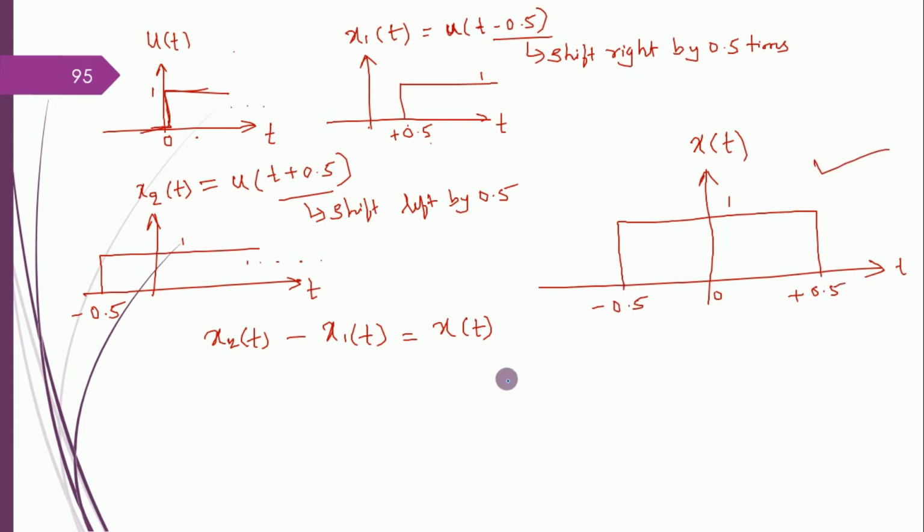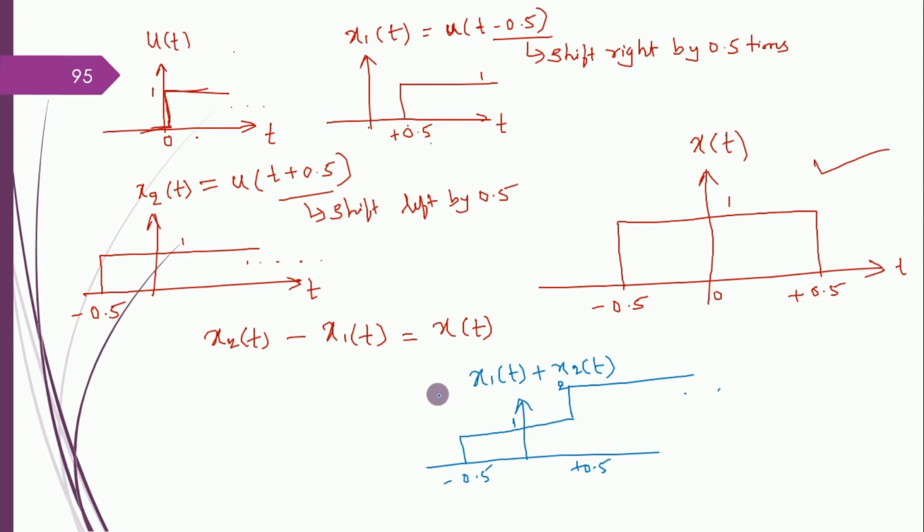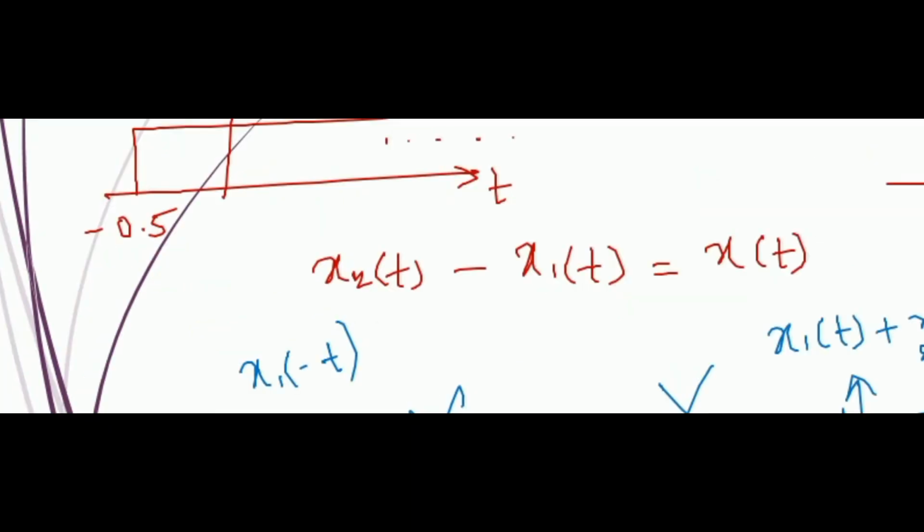If you add x1 of t plus x2 of t, from minus 0.5 your amplitude is 1, and from plus 0.5 onwards you are adding this one, so your amplitude increases. This was 1 and this becomes 2, and it continues like this. So that's why this is a wrong answer. Fine. x of t is equal to x2 of t minus x1 of t.